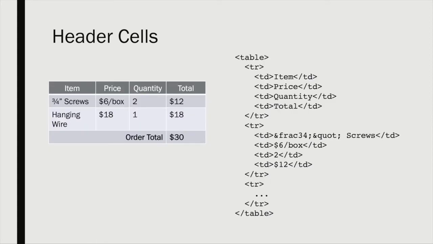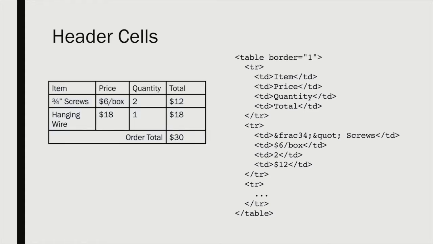So for this basic example right here, we see the very top is item, price, quantity, and total. But our code has them all written in TDs. So let's take away the styling and add a border so that we can see how it would actually look coded. So you can see the TDs all look the exact same. We have item, price, and quantity, the exact same alignment and font weight as the rest of the table.